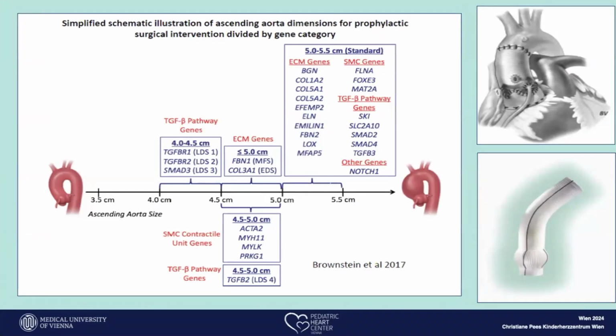We have a really high malignancy in Loeys-Dietz syndrome type 1, 2, and 3, where we would operate at an aortic size of 40 millimeters. In Marfan syndrome, we can wait a little bit longer, and we do have other syndromes where we can even wait up to 50 to 55 millimeters. So the diagnosis is necessary to really distinguish between the aggressivity of the disease.